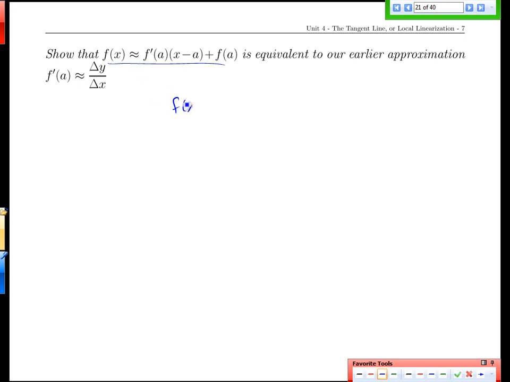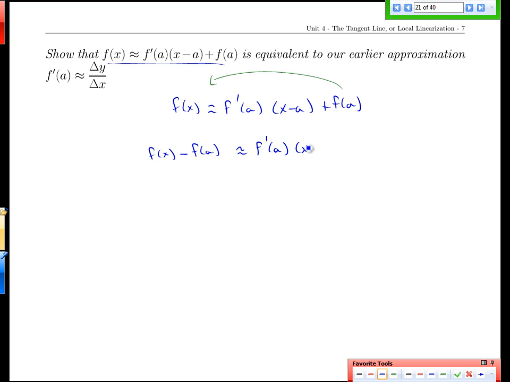If we have f of x is approximately f prime of a, x minus a plus f of a. That's the formula we just derived using the point slope formula for a straight line. Well, what we can do is bring f of a over here, and so we'll have f of x minus f of a is approximately f prime of a, x minus a.